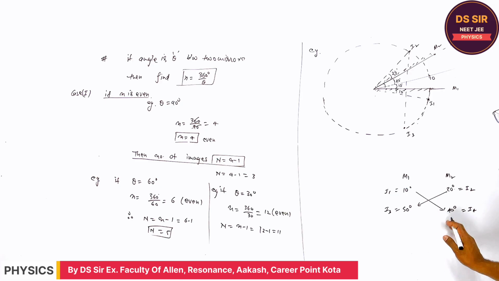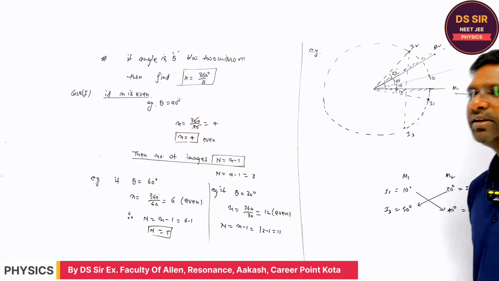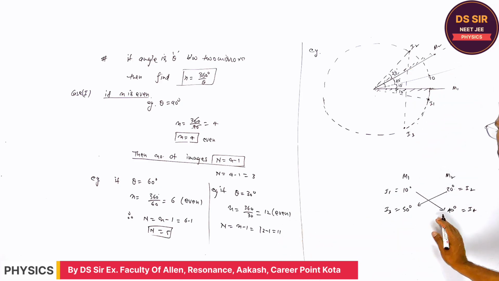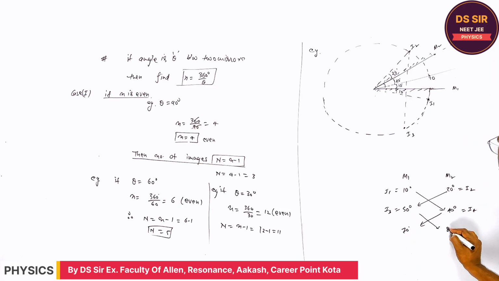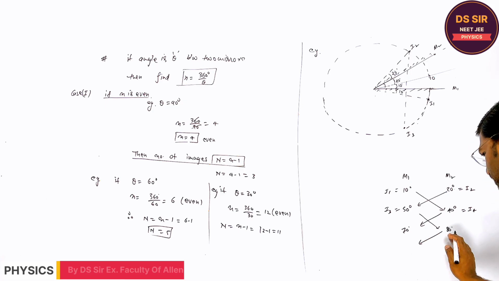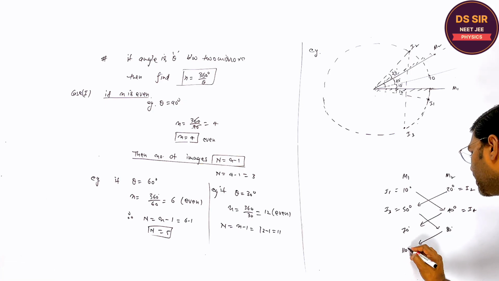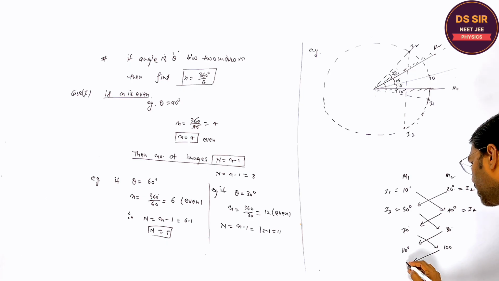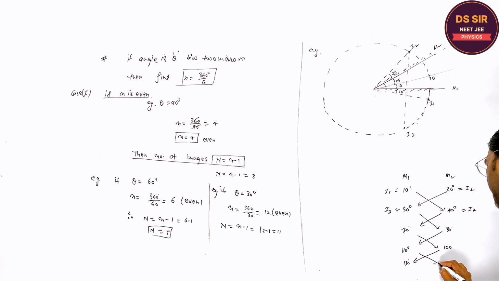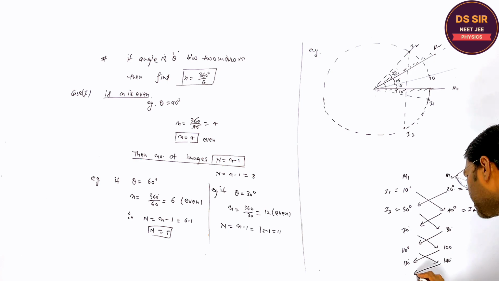In the same way, the total 11 images you have to obtain, with positions then 70 degree, then 80 degree, then 110 degree, 100 degree, 130 degree, 170, and 160 degree.